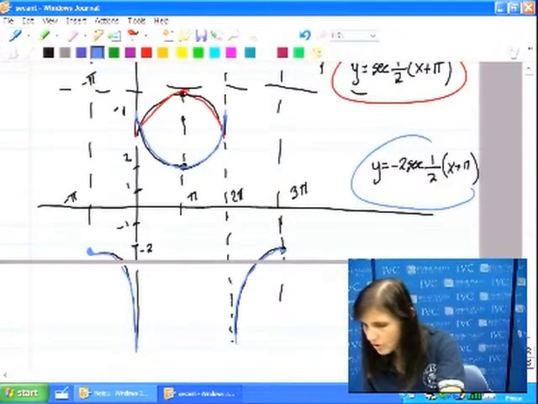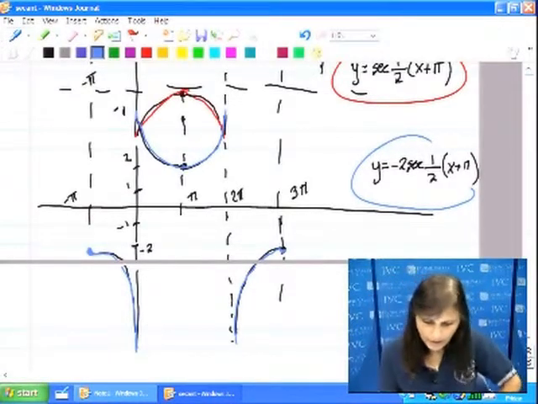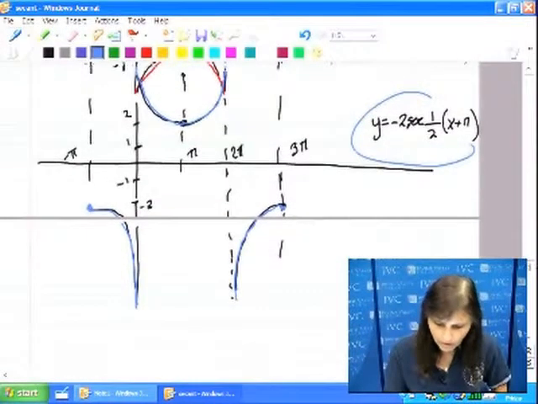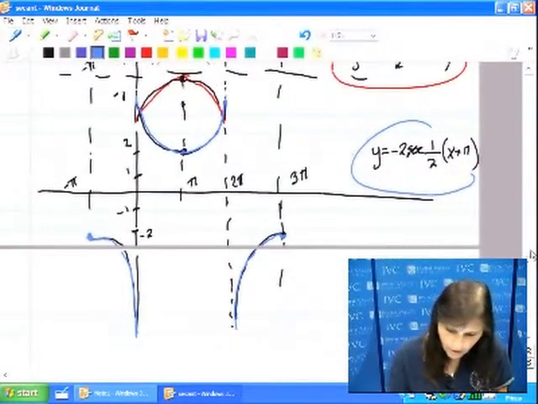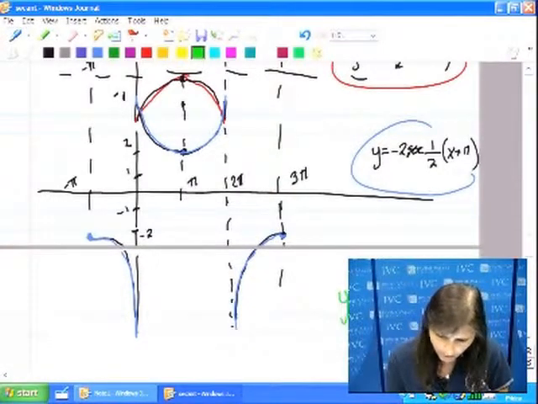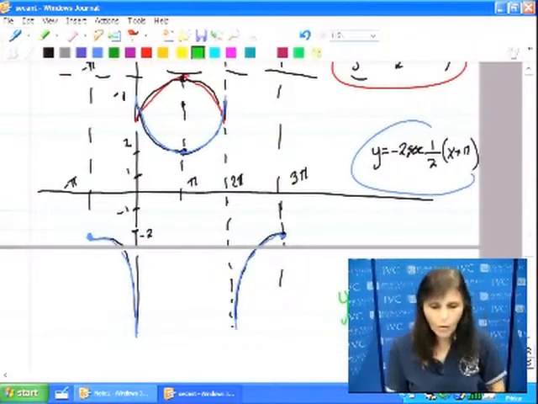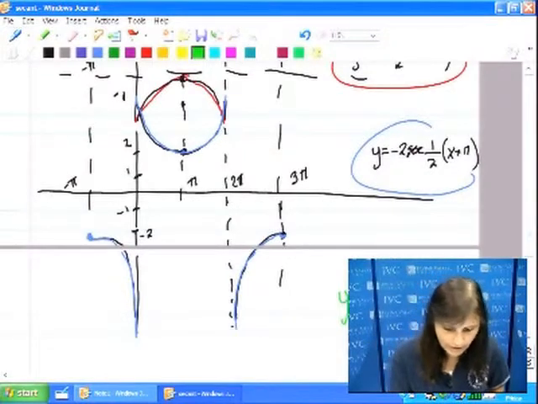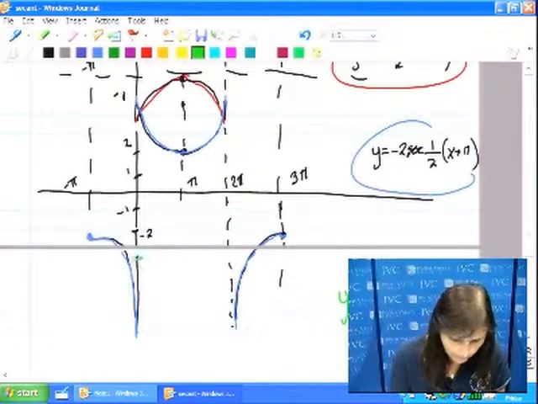Now what will happen to the very last thing? I will do it in green: y equals -2 secant of 1/2 x plus pi, minus 1. What will the -1 do? It's going to simply move everything down one step.